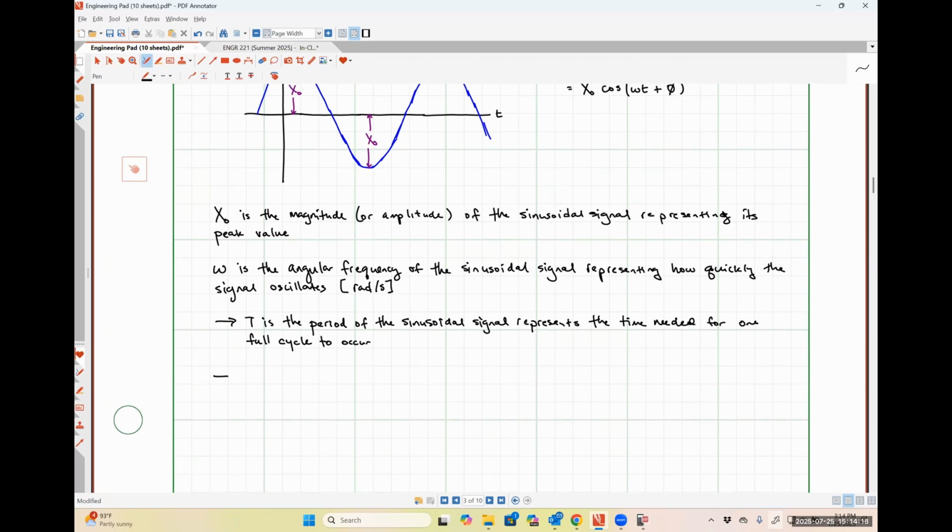So f is the linear frequency of the sinusoidal signal.